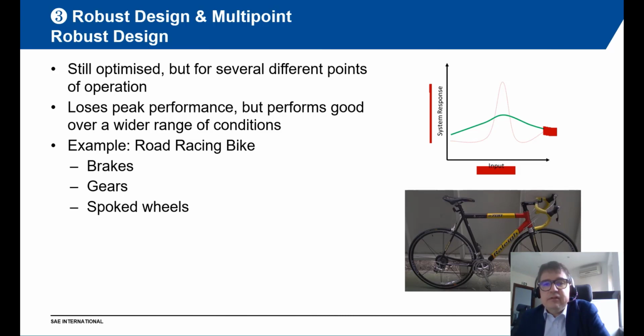This green curve is optimized for several points of operation, not only one point, but for a series of points. So it loses peak performance, this one here, but performs well over a wider range of conditions. An example could be a road racing bike, which has brakes, gears, and spoked wheels, as opposed to the previous one.